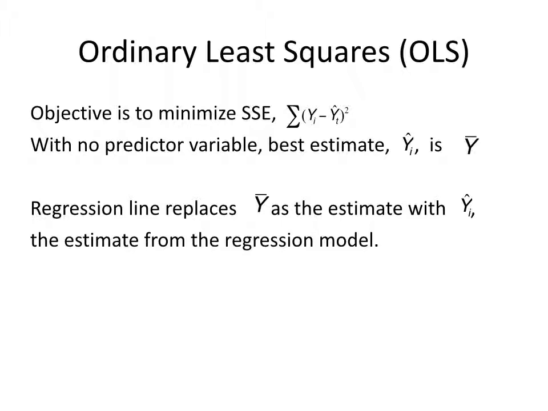So the regression line replaces y bar as the estimate, and each point of the line corresponds to an x value, and that corresponding y value will be y hat, the estimate from the regression model.